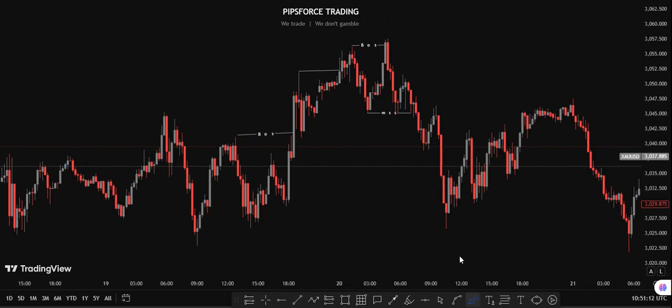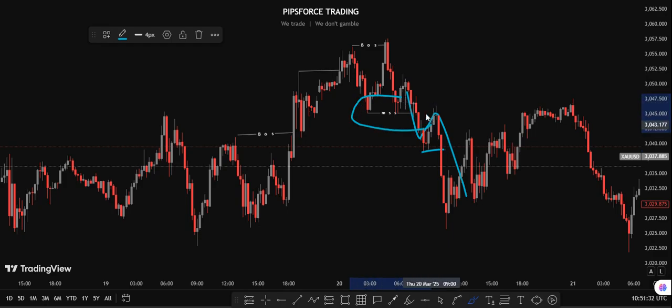When we have a structure break to the downside, we get a retracement. That was the first retracement, and then we have another structure break here, right? So this structure break confirms the bearish movement, or confirms this market structure shift.